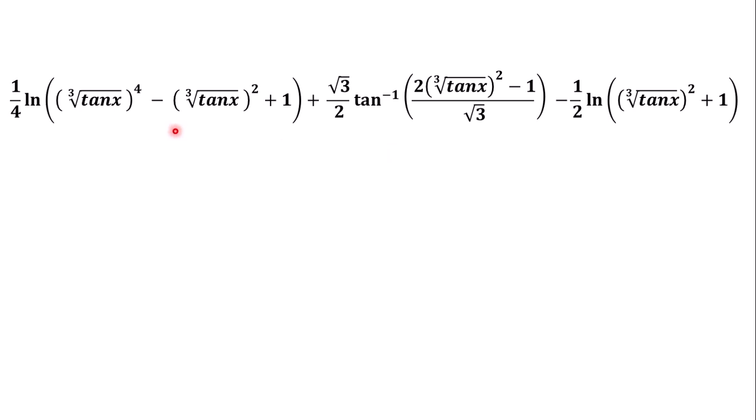If you look at the natural log of this one, you first have to tackle this one, and here is the case raised to the power 4. We have already looked at something of this nature, so it's not something new. The new thing here is how to deal with the cubes.